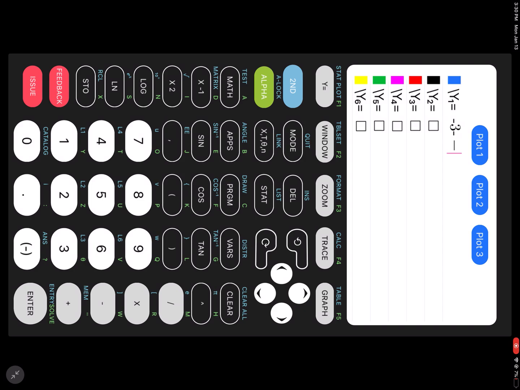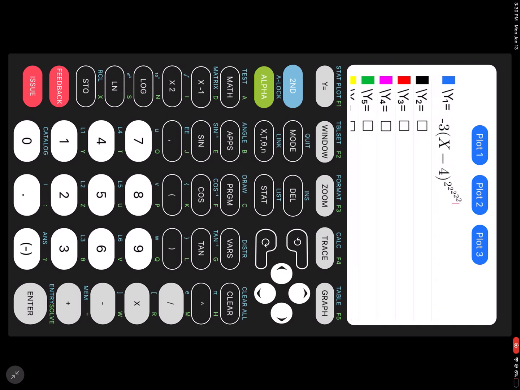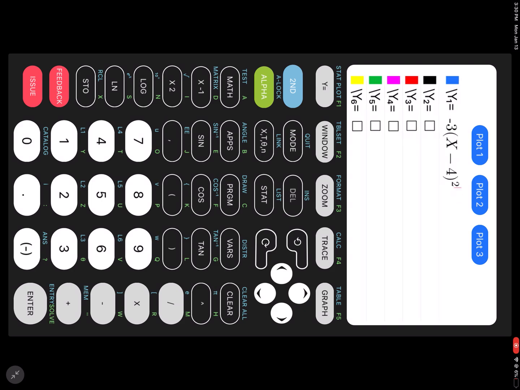A negative's like half as big, so make sure you take care of that. Make sure it's a -3, and then parenthesis x minus 4, close parenthesis, squared is right over here. Oops, that is way too many. Just trying to show it to you, but you probably can't see what I'm clicking on, but do what you do. I'm doing the best I can, okay?